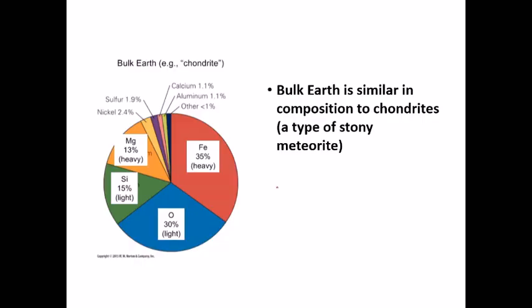It might interest you to know that the bulk Earth is similar in composition to something called chondrites. I guarantee most people haven't heard of this word before. Chondrites are a type of stony meteorite. When we look at the meteorites that strike Earth, we notice that they are pretty close in composition to what we think the whole Earth is.